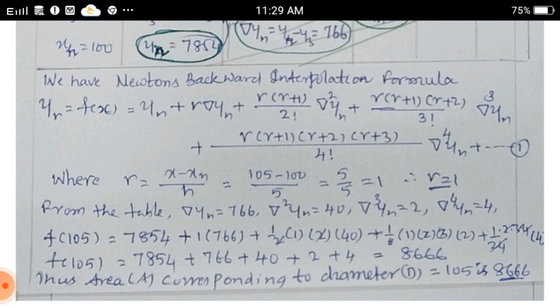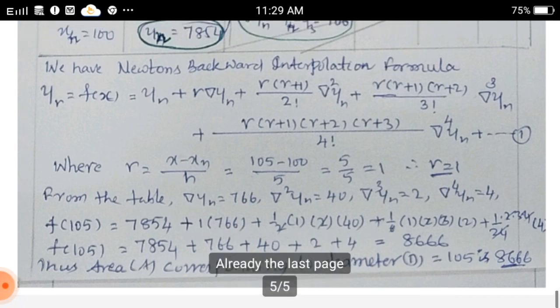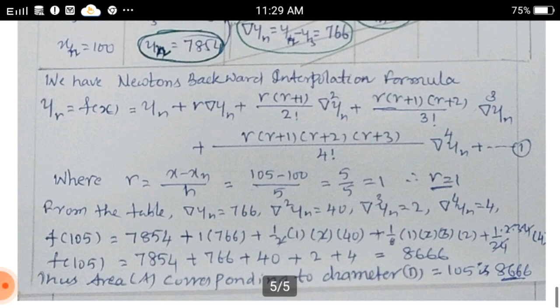You substitute, we get f of 105 is equal to 7854 plus 1 into 766 plus 1 by 2 factorial into 1 into (r plus 1), where r is equal to 1, 1 plus 1 is 2, into 40 plus 1 by 3 factorial, which is 6, into 1 into 2 into 3, into del cube, which is 2, plus 1 by 24, r into (r plus 1) into (r plus 2) into (r plus 3), that is 1, 2, 3, 4, into 4.